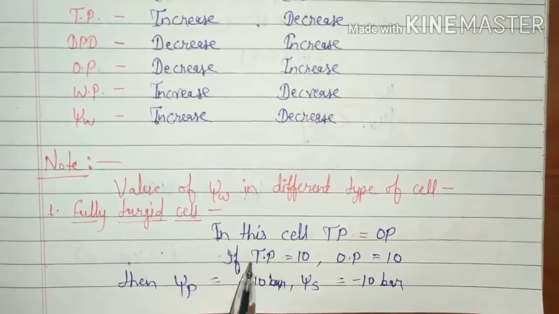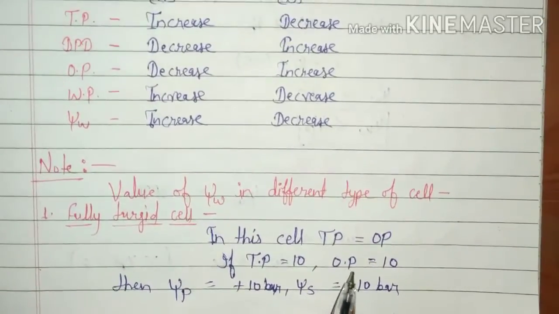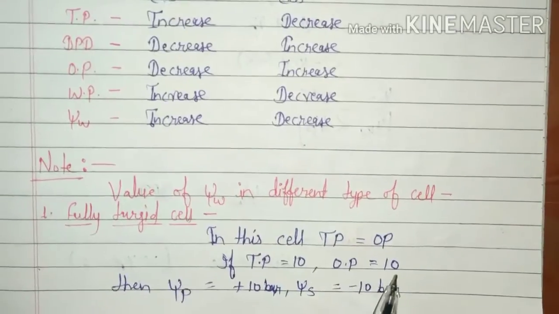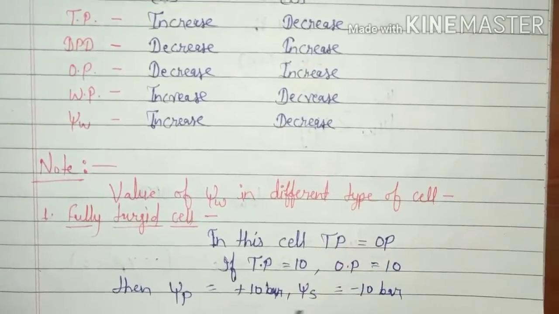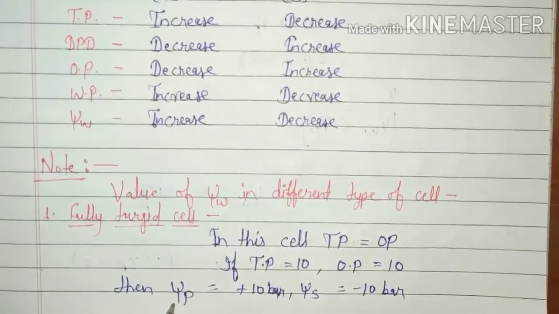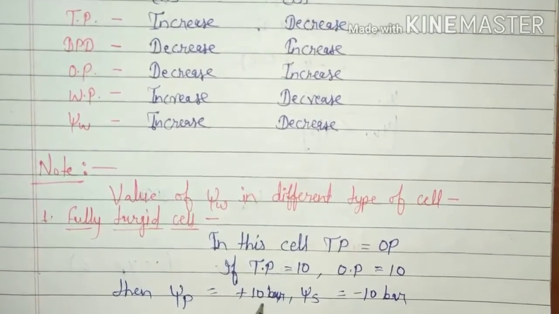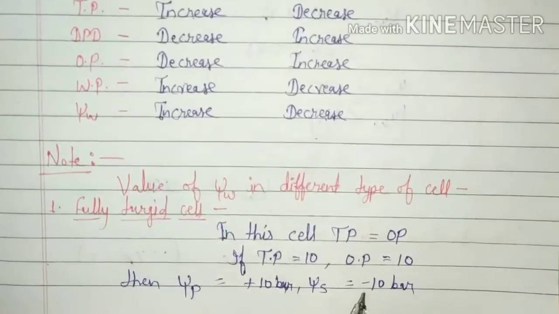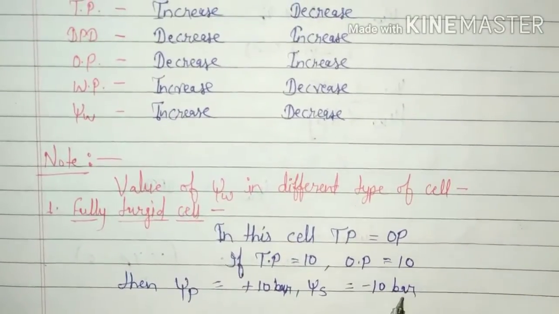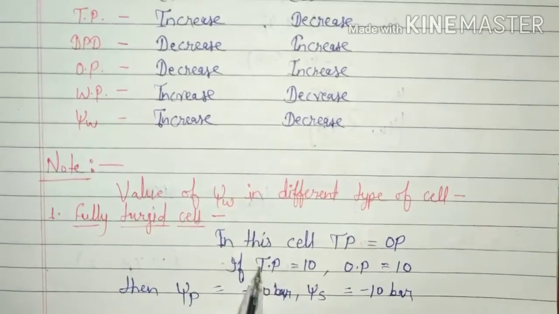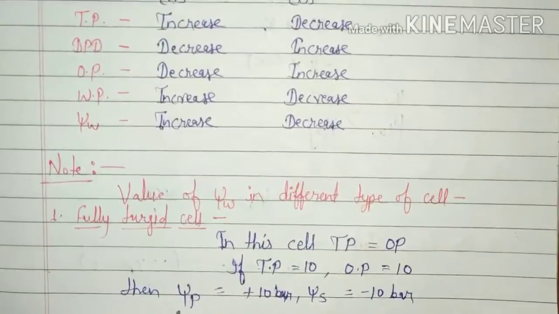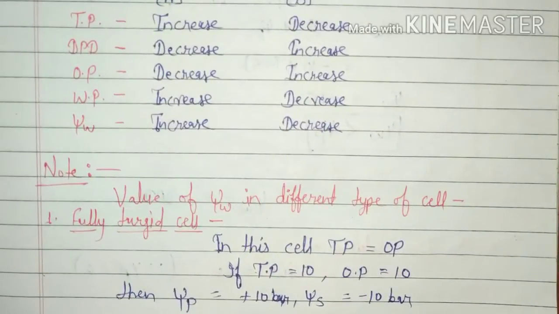If the value of turgor pressure is 10 and the value of osmotic pressure is also 10, then pressure potential is plus 10 and solute potential is equal to minus 10, because TP is represented in water potential by psi p and OP is represented by psi s, and psi s value is negative and psi p value is positive.